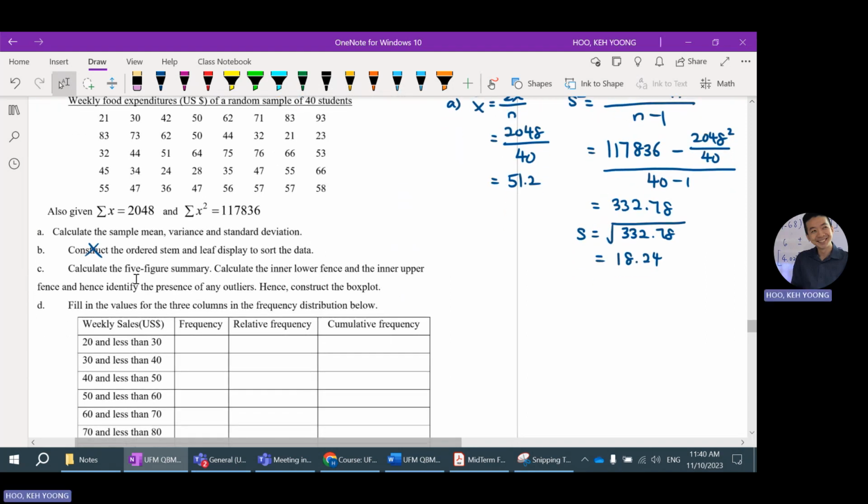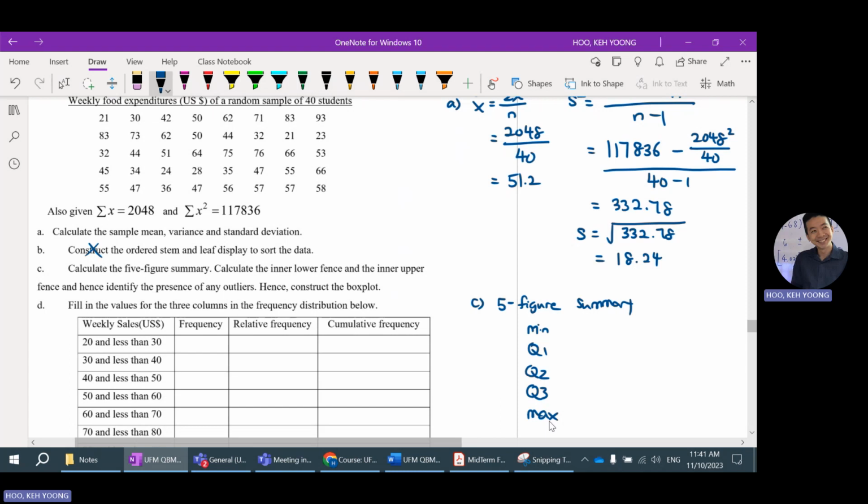Calculate the 5-figure summary. So what is the 5-figure summary? The 5-figure summary refers to the minimum, Q1, Q2, Q3, and maximum.